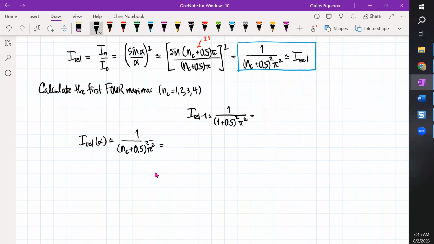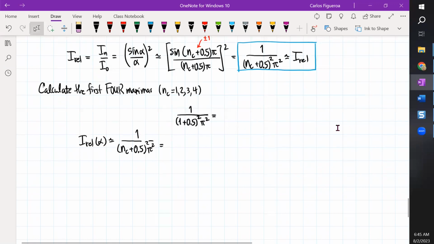I'm just going to save space here and look at this one, for n equal to 1. When I calculate this, it is 0.0451, or I can write this as 4.51%, which is approximately the relative intensity of 1.